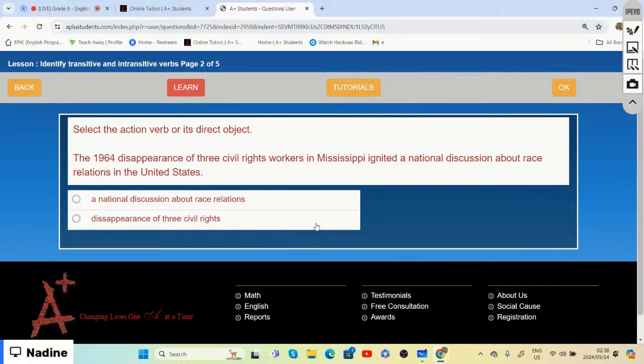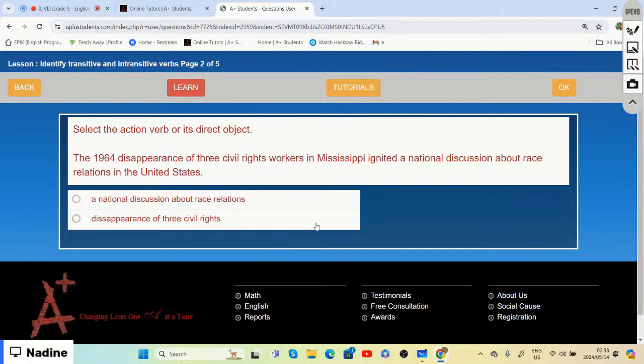We need to once again select the action verb or the direct object within the sentence. It says, the 1964 disappearance of three civil rights workers in Mississippi ignited a national discussion about race relations in the United States.